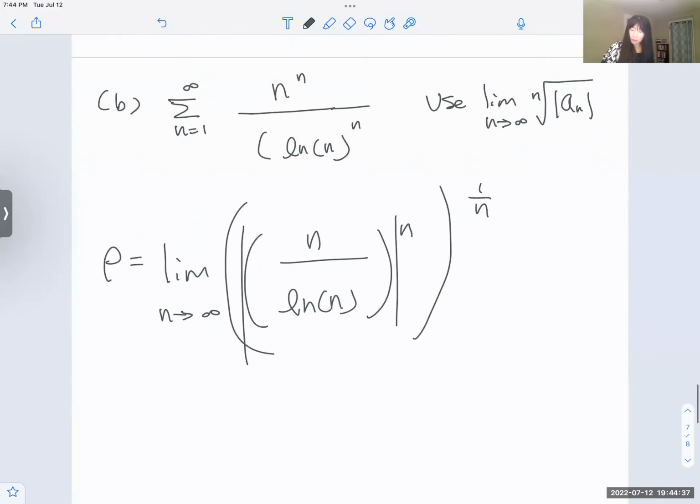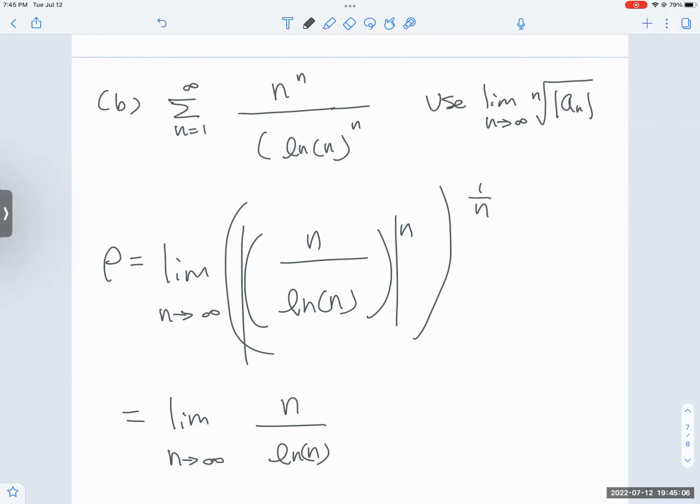Then we know that the n power simplifies, so we get the limit as n approaches positive infinity of n over ln n. When n approaches positive infinity, what do you get for the numerator? Infinity.